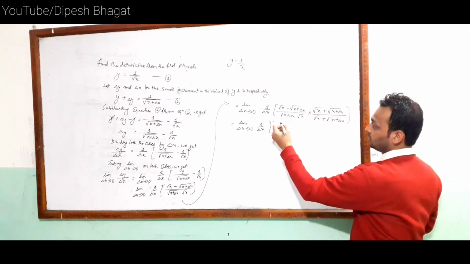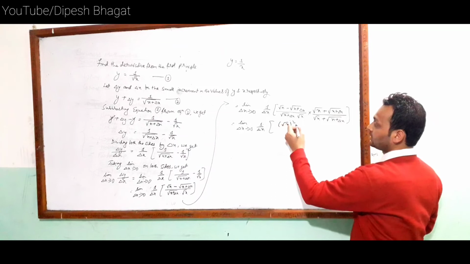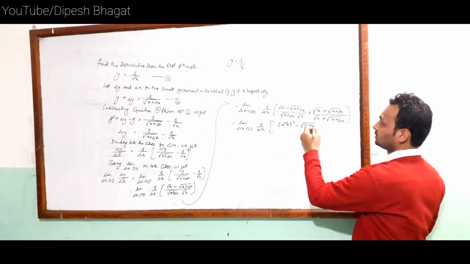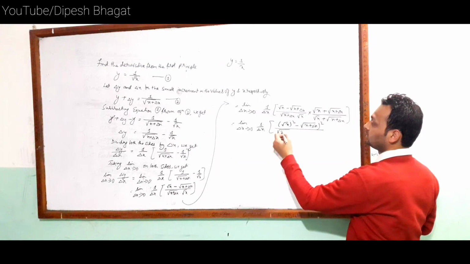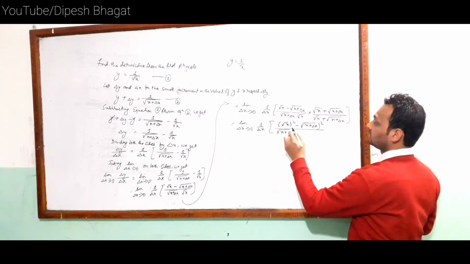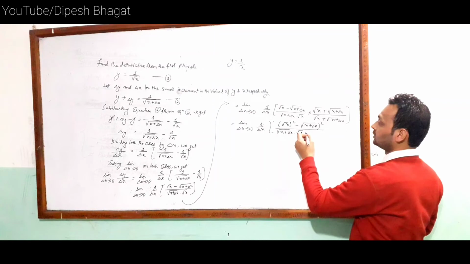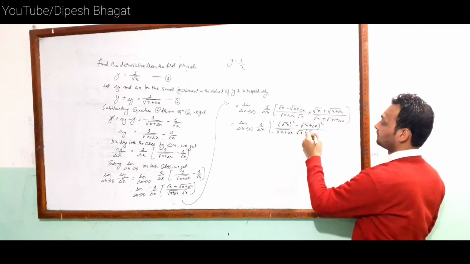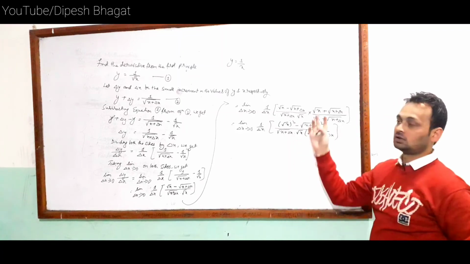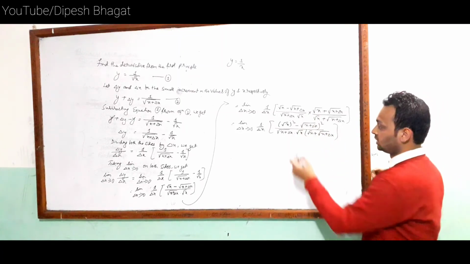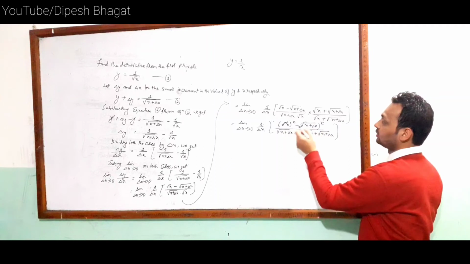So it takes the form of a square minus b square, whole divided by, copy all the value as it is. So this is our solution after rationalization. Now as this square and root is cancelled, this square and root is cancelled.